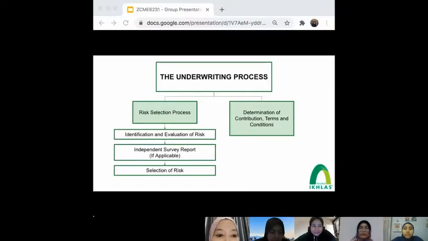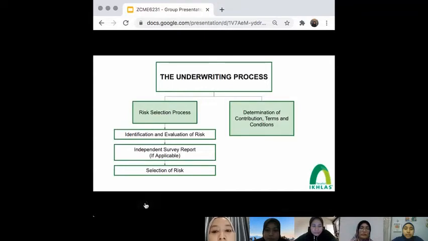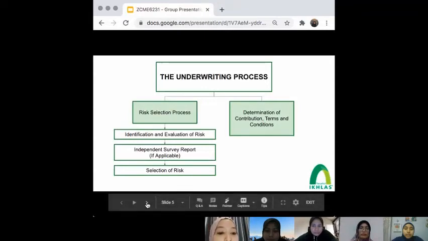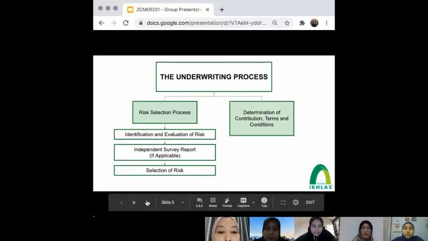Next, followed by the identification and evaluation of risk. This basically falls under the risk selection process as well. When the proposal is submitted to Takaful, the underwriter will need to identify and evaluate the physical and moral hazard associated with the proposed risk.